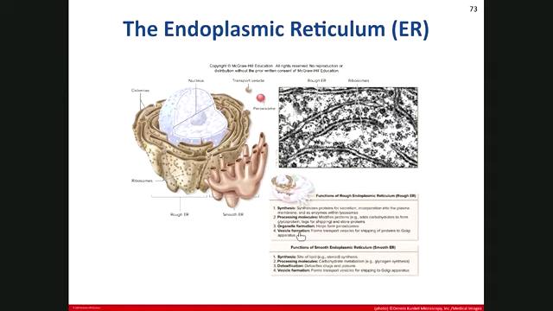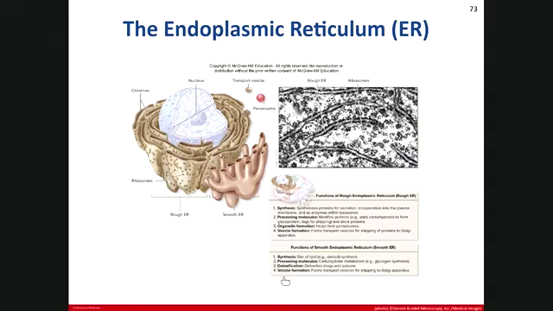The other type of endoplasmic reticulum is called smooth endoplasmic reticulum. As you see here, we don't have any ribosomes on the surface of a smooth endoplasmic reticulum. They can synthesize lipids. They can process some molecules like carbohydrate. They can do detoxification of drugs and poisons.